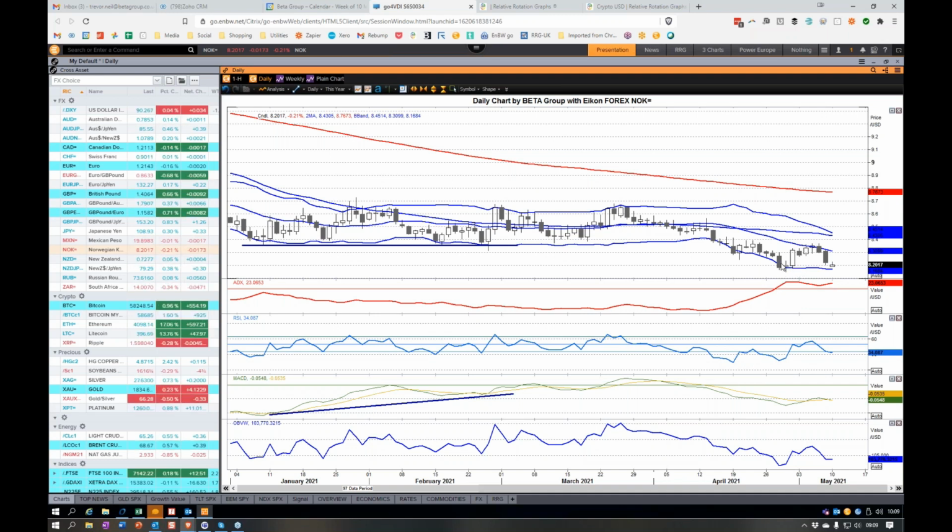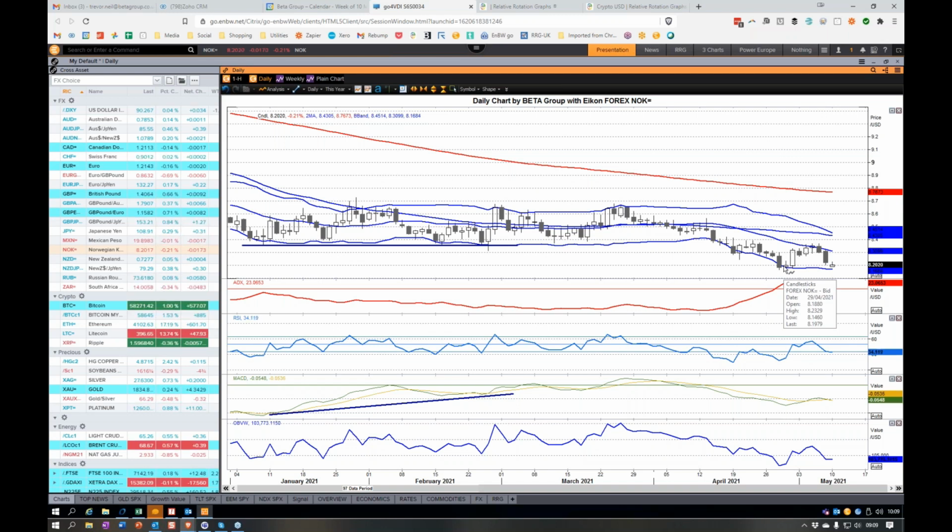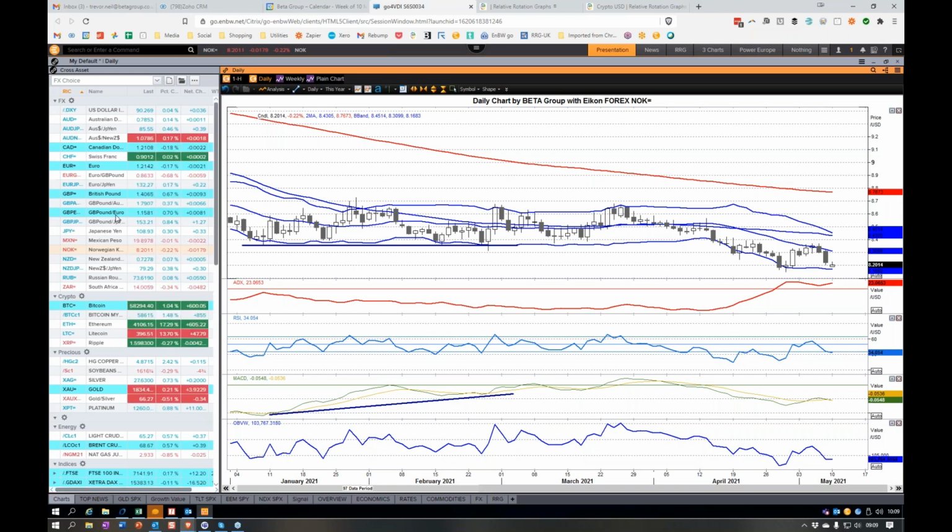And crucially, on a short-term basis, I think we're poised to take out this low here at 814.60, and that will add another bit of energy on the downside. So one of my two favorites, if you like, for participating in the weakness of the dollar is the Norwegian crown. The other one is the Canadian dollar.